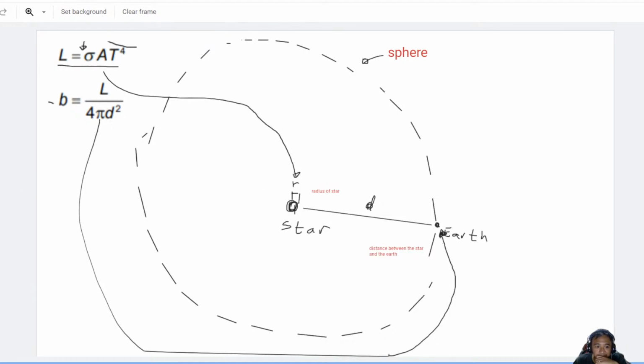Why? Because that radius of the star is going to give you a surface area of the star, right? Because the surface area of the star will be equal to 4 pi r squared.